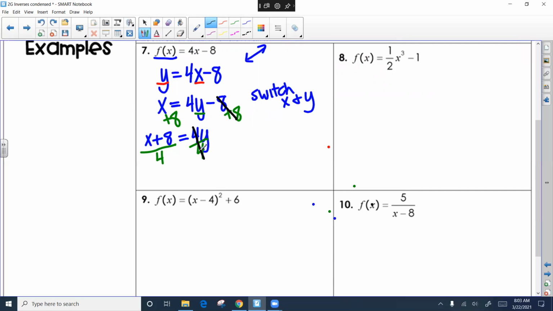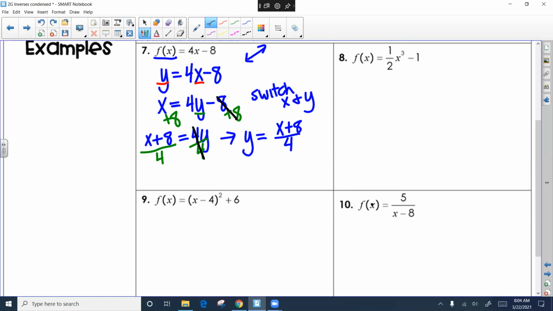Oftentimes we write it with the y by itself on the left side of the equation. So I can rewrite this as y equals x plus 8 over 4. I just put it on the other side of the equal sign. And now, to get our final answer, we just want to use the same kind of notation we started with.